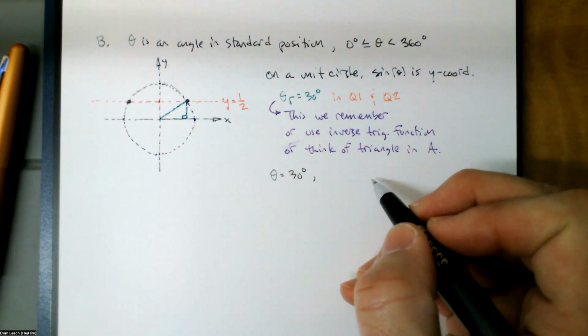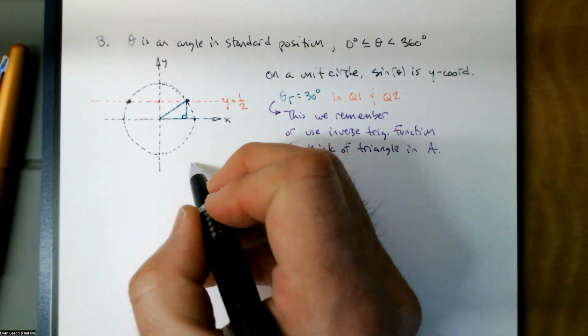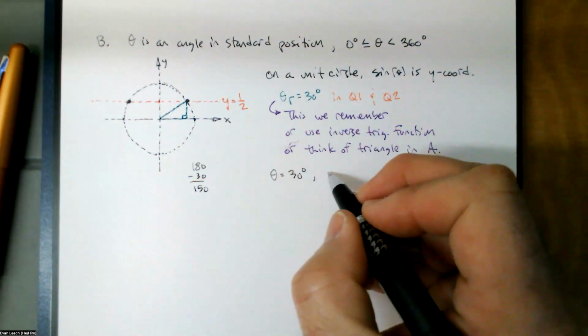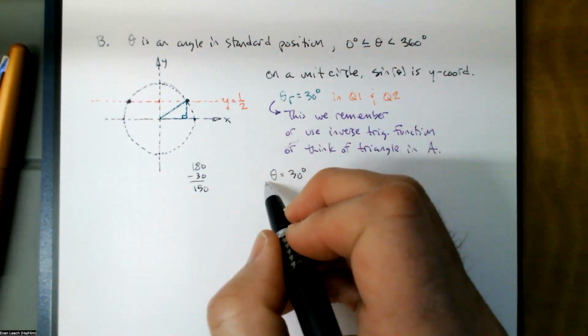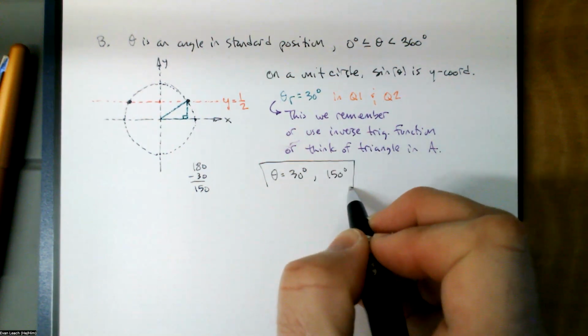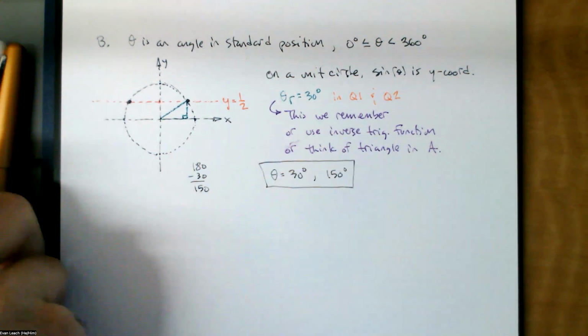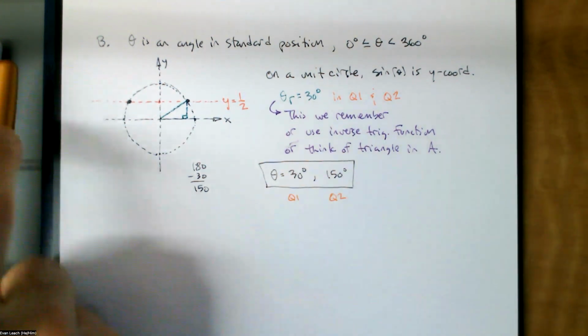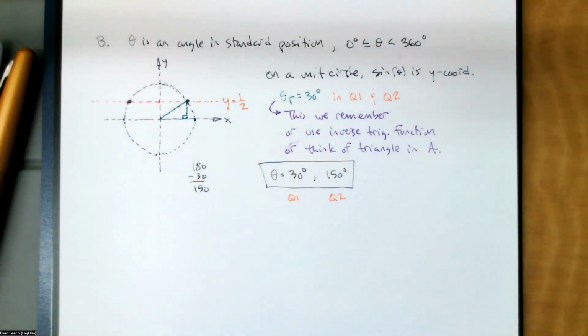And in quadrant 2, theta is equal to 180 minus 30, which is 150. Either we subtract to get to the 150, or we just remember that 150 is a 30-degree reference angle in the second quadrant.